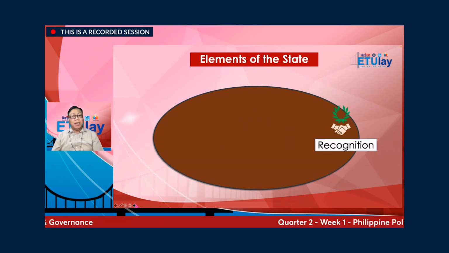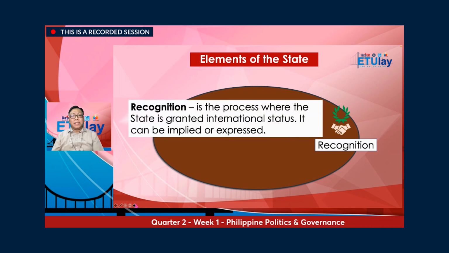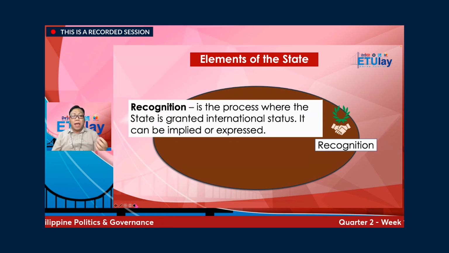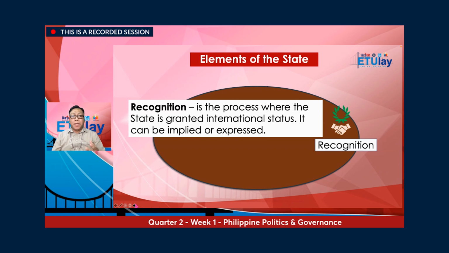And lastly is the recognition. Recognition is the process where the state is granted international status, and it can be expressed or implied. Ibig sabihin, the recognition is our international relationship that we are really a sovereign state.